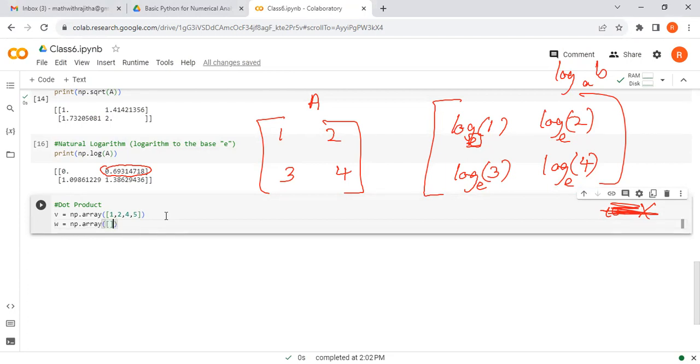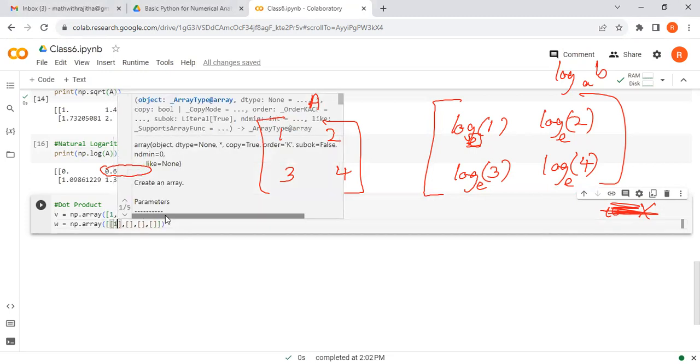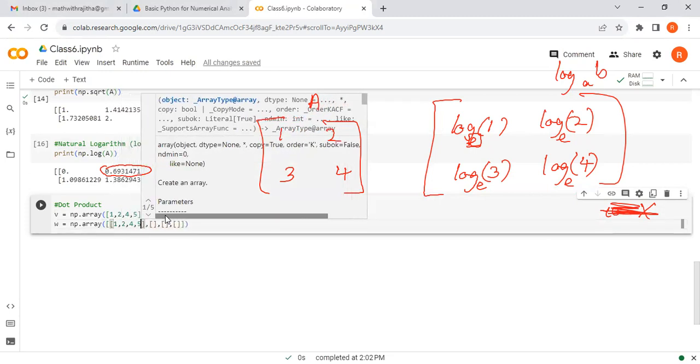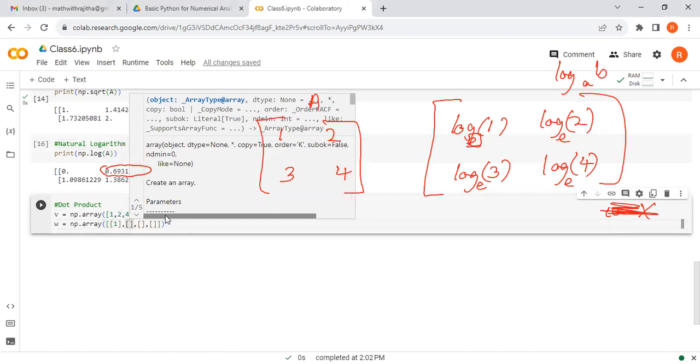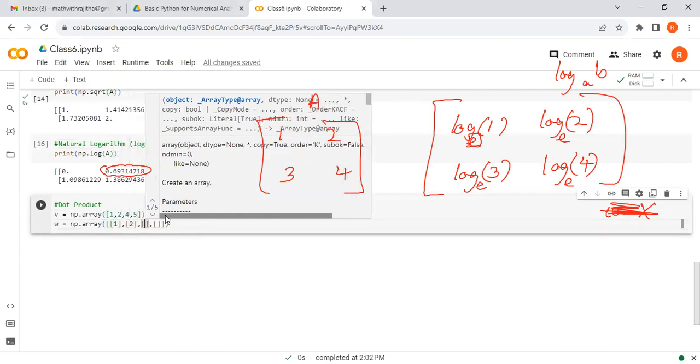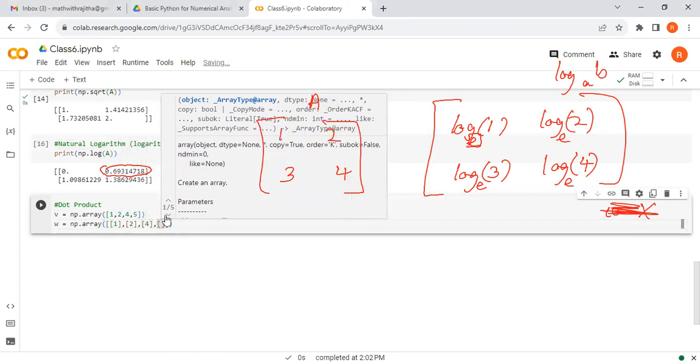Now let me define a column vector, again 1, 2, 4, 5.